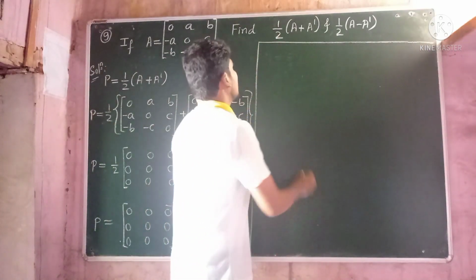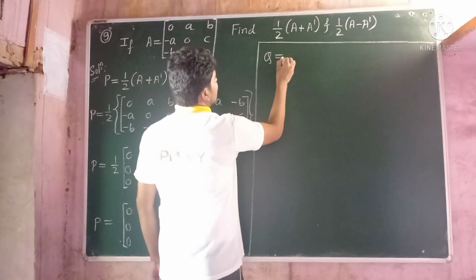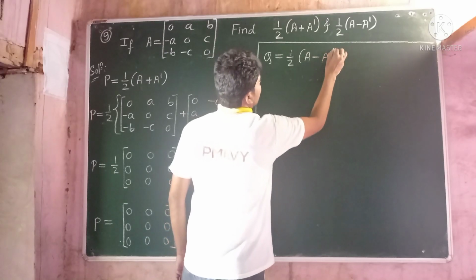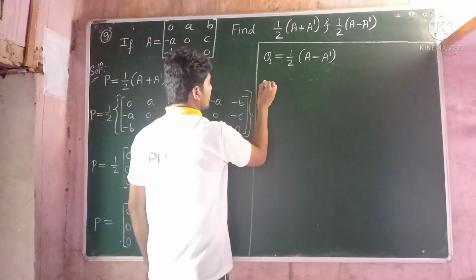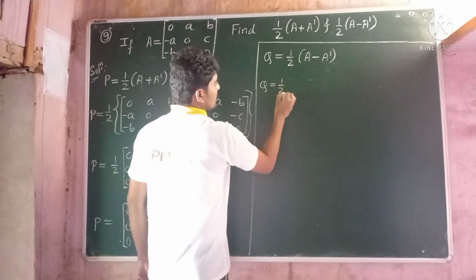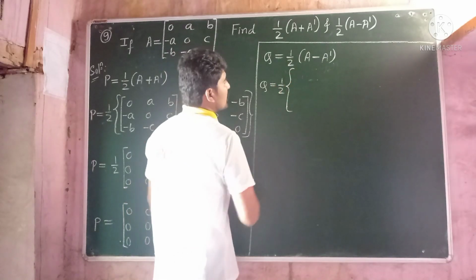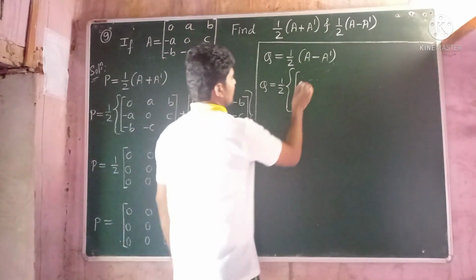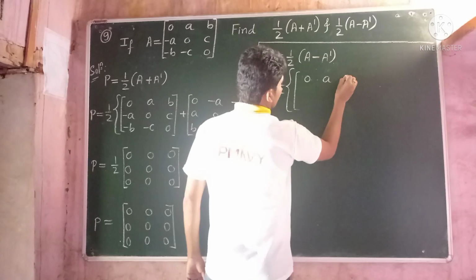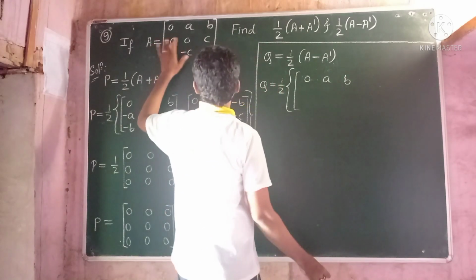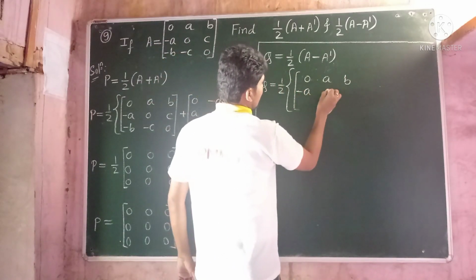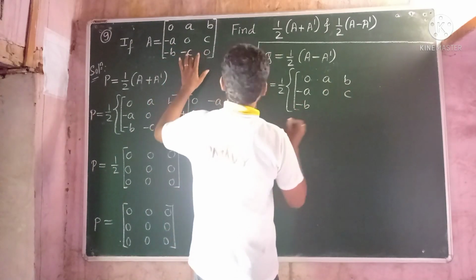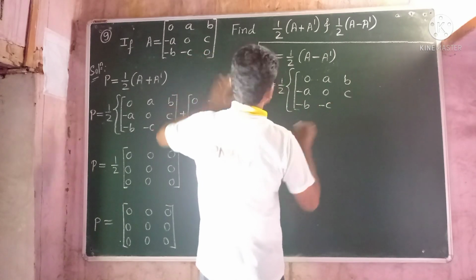And now the second one, let us define Q is equals to 1 by 2 into A minus A dash matrix. So therefore Q matrix is equals to 1 by 2 into matrix A, which is given by 0 A B, minus A 0 C, minus B minus C and 0.